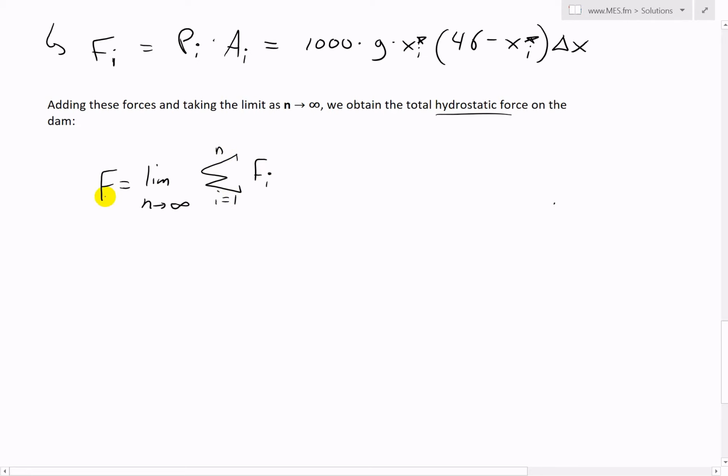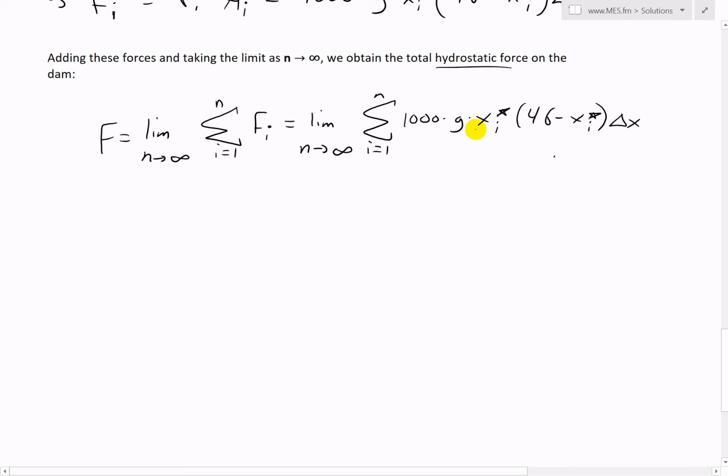The total force is the sum of each individual force Fi, which equals the limit as n approaches infinity of the sum from i equals 1 to n of 1,000 times g times xi star times 46 minus xi star times delta x.